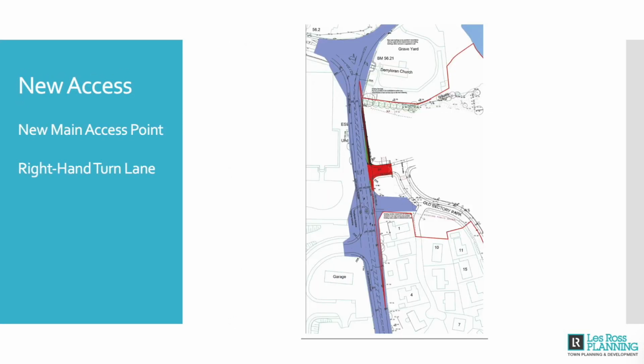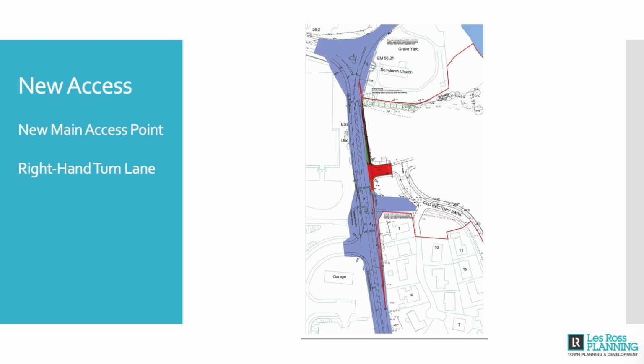So moving on, this drawing is an engineering drawing to show where the new access would be, which is marked red. So that's the access point. Now this is an indication of where it would be.